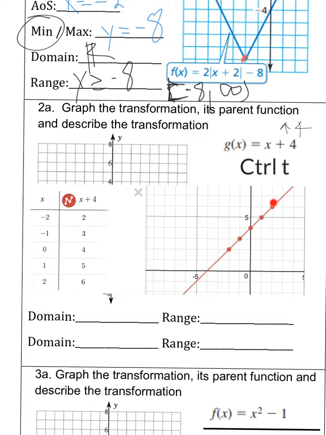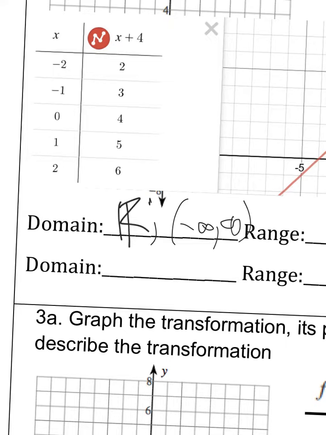I put 2 blanks for additional ways you can write all real numbers. You could write the words all real numbers. There are several ways. You could say -infinity to +infinity with parentheses. And then you could also say that -infinity is less than x, which is less than +infinity.